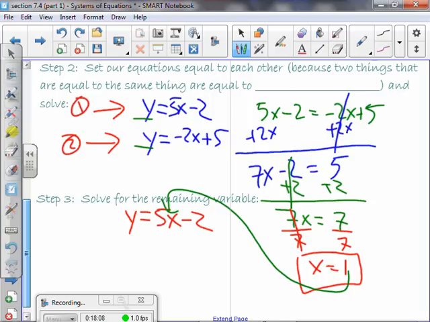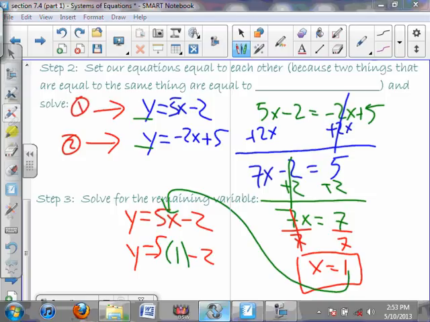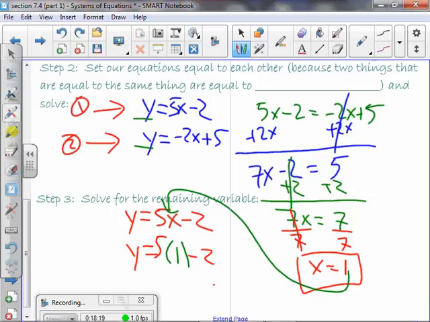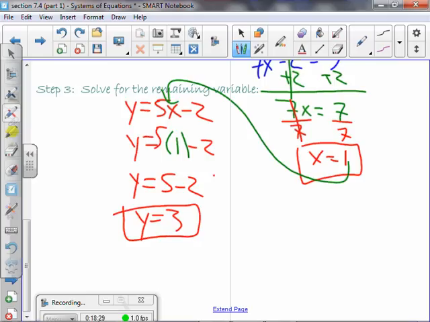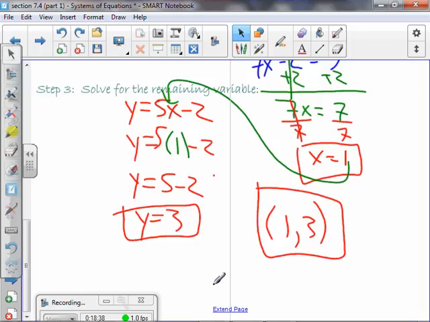And we get y is equal to 5 times 1 minus 2. Okay, so that means y equals 5 minus 2, and so y equals 3. I have an x, I have a y, I am in fact done. 1 comma 3, and I have my answer.